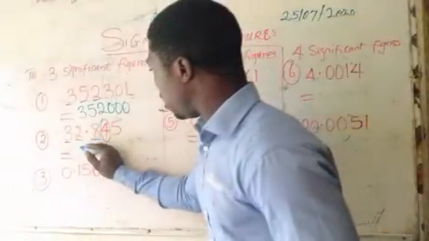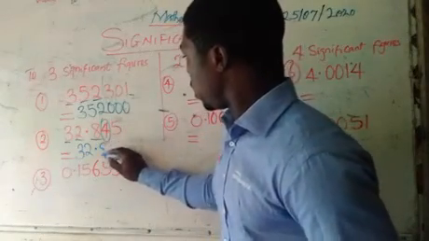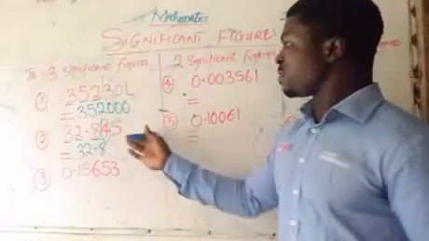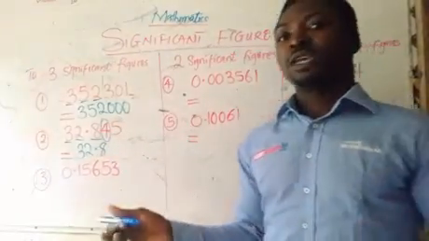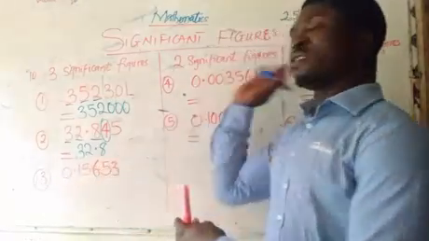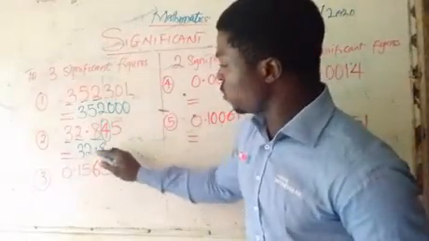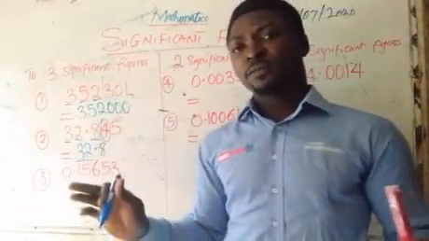So we are going to have 32.8. The other ones should be turned to 0. But since 0 after the decimal point has no value, we can just leave them out. So this is what we're going to have as our final answer, 32.8.